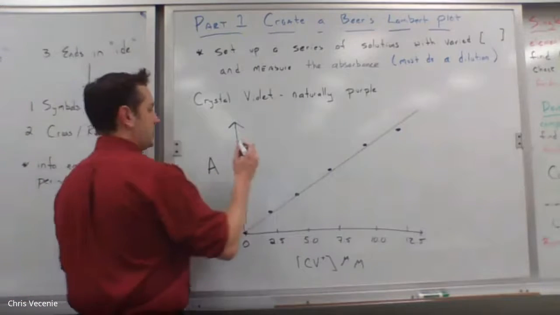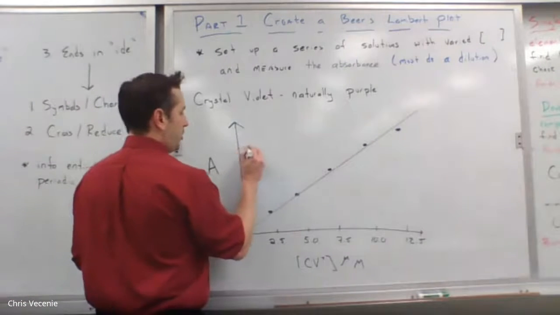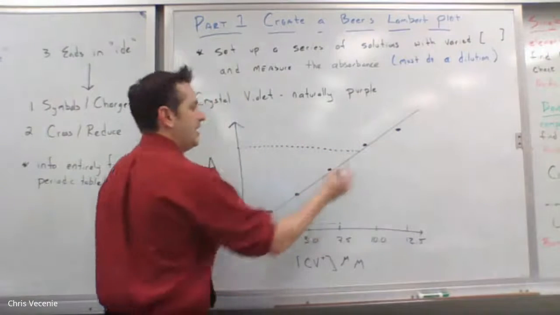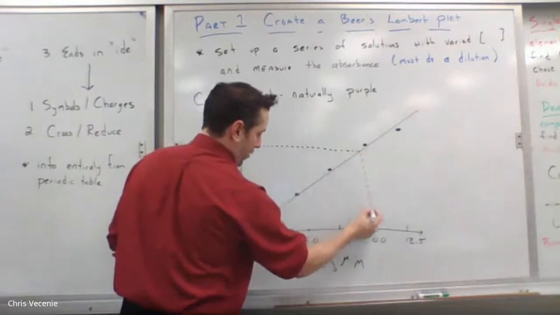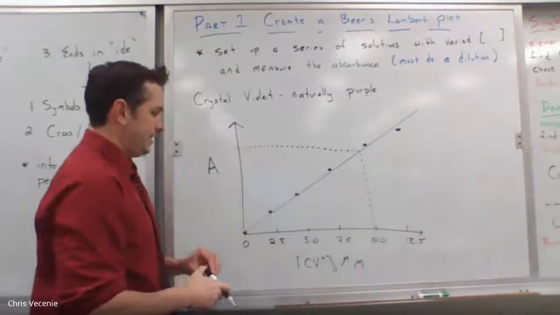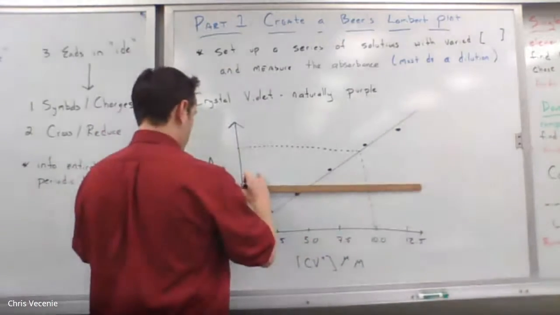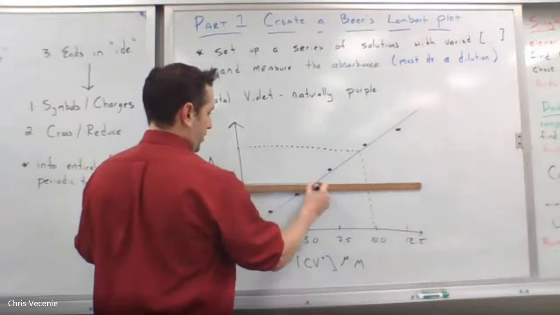Oh, here's an absorbance right here. What you do is you trace over to where you hit the line, and when you drop it down, you know its molarity. Oh, my absorbance was here. Trace over till you hit the line.